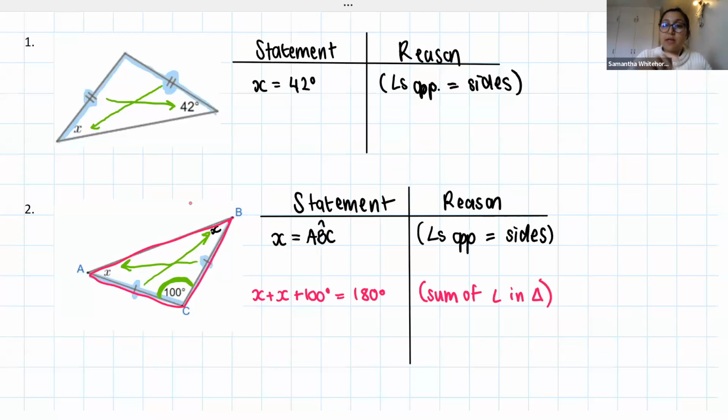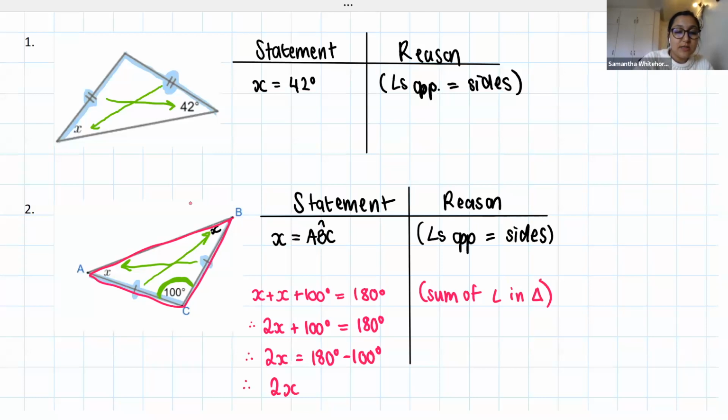And so by realizing that x and angle B were both the same, and then seeing that we do have a triangle where we can use another triangle reason, we can go and work out what x is. So remember, x plus x, those are like terms. That gives me 2x plus 100 degrees. I'm now going to start using my inverse operations and subtract 100 on both sides, which means I will have 180 minus 100 degrees. And that would give me 80 degrees.